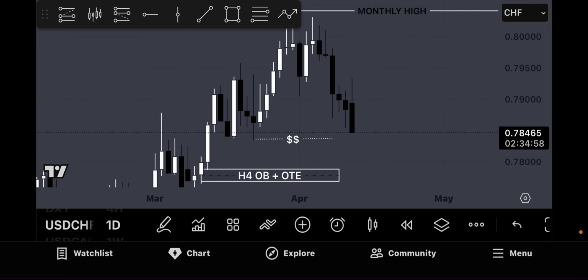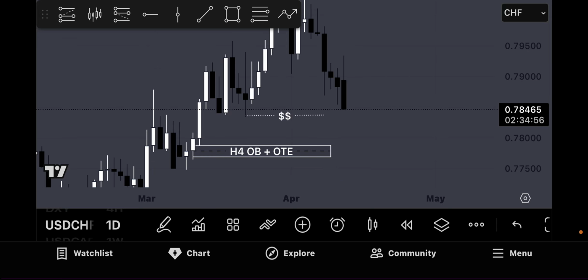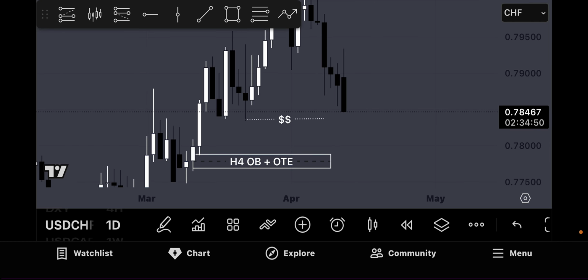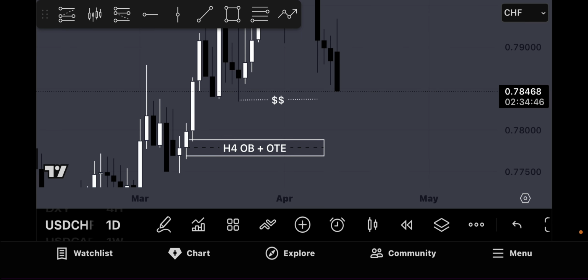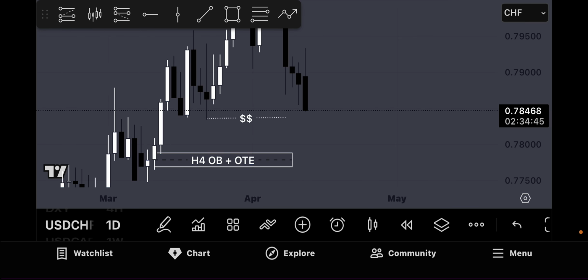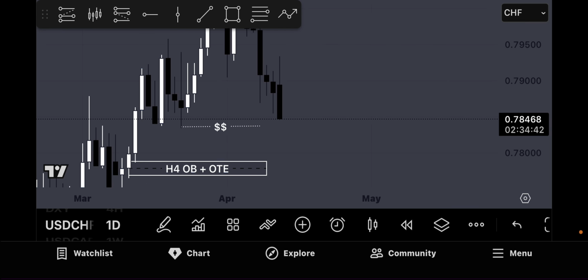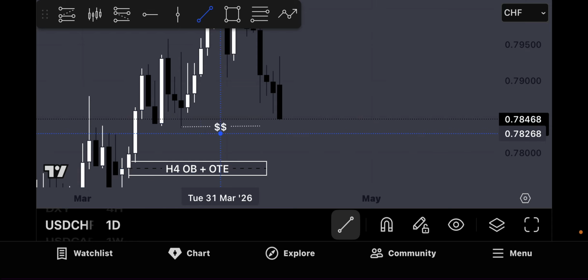USDCHF, the setup that we see with this order block we saw last week, it still hasn't pushed into it, but it's currently going to that 4-hour order block. As you can see, this is the liquidity marked, so looking for it to take out liquidity before pushing up.